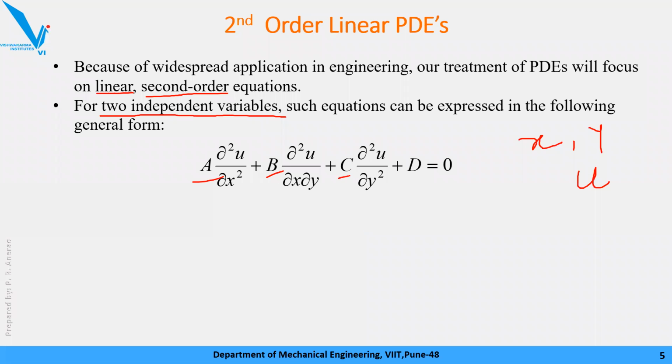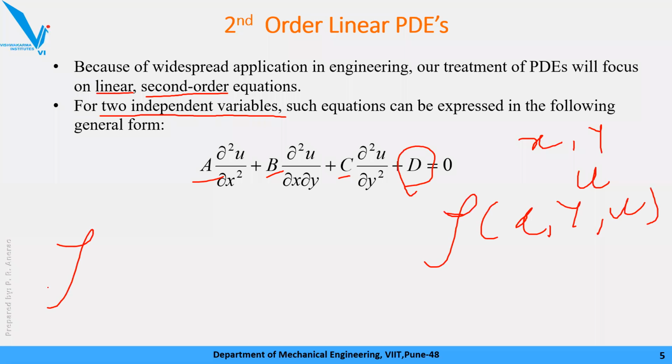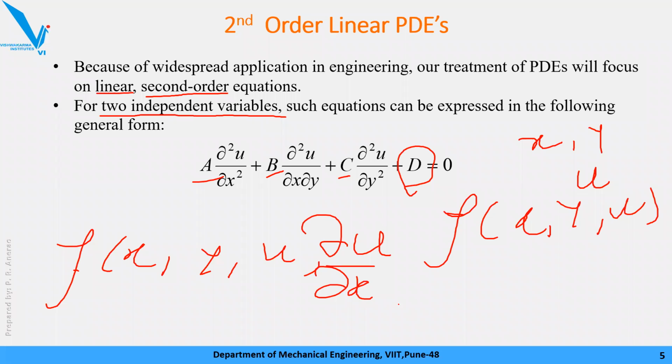A, B, C are some kind of functions of x, y, u, and this D might be some function of x, y, u, the first order partial derivative of u with respect to x, or it might consist of dou u by dou y, the first order partial derivative of u with respect to y. Something like that may be consisted in it.